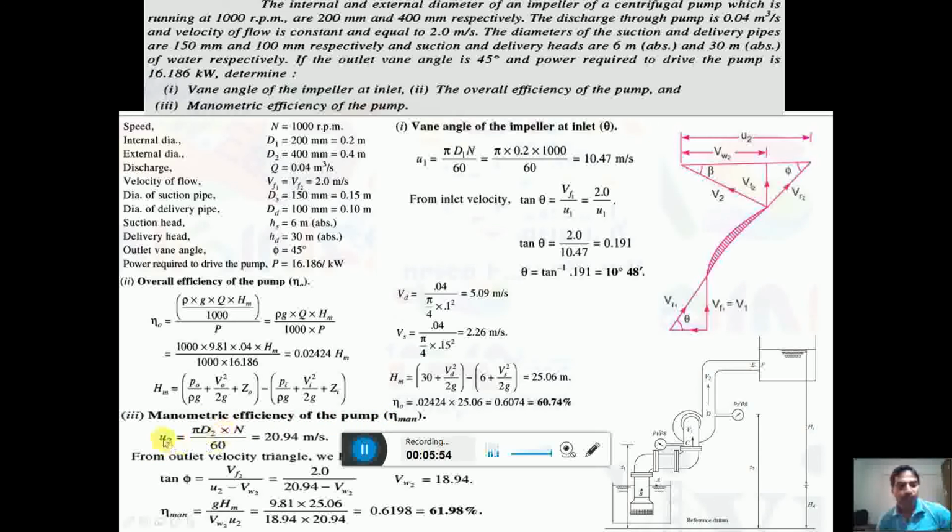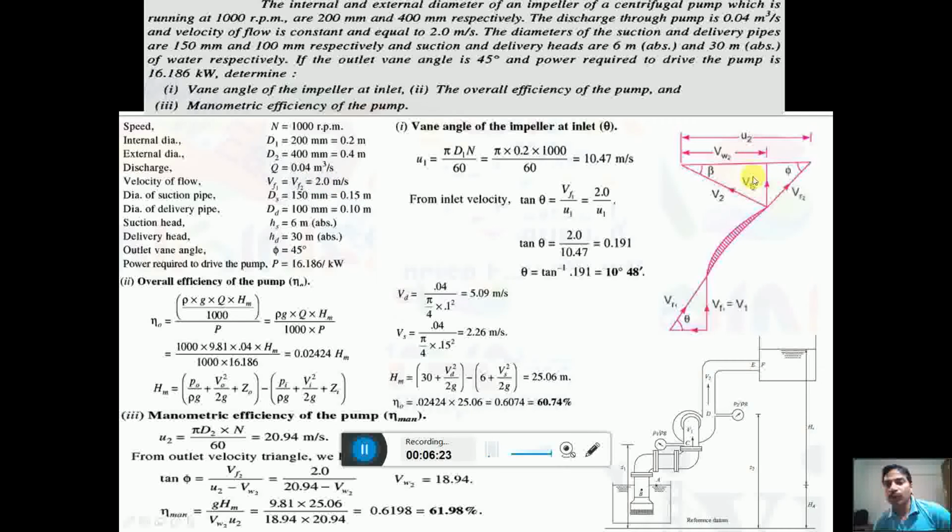Manometric efficiency. We have d1 and d2 known to us, so we can get the value of u2. And now see here at the velocity triangle at outlet, u2 is known to us, phi already given here as 45 degree, and vf2, that is velocity of flow, again that one is given here, velocity of flow is constant, that is 2 meter per second. So vf2 is known to us.